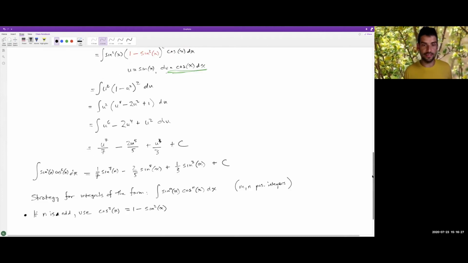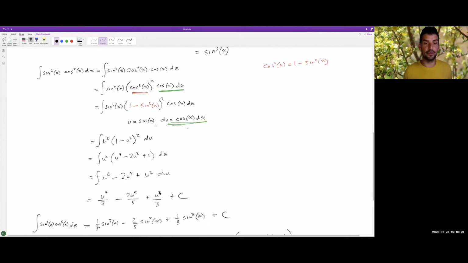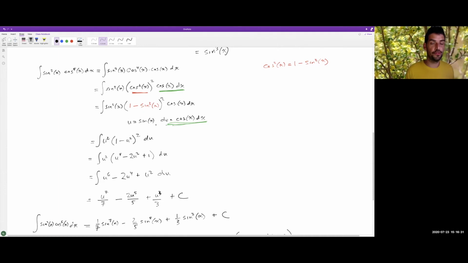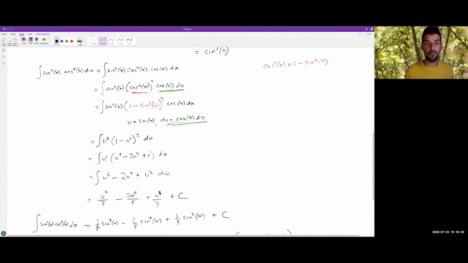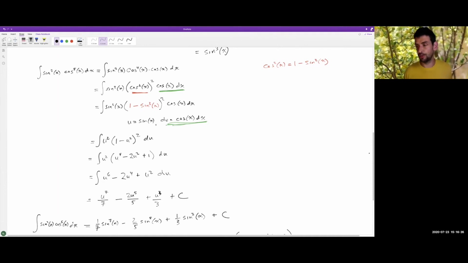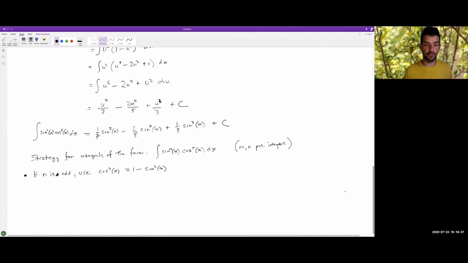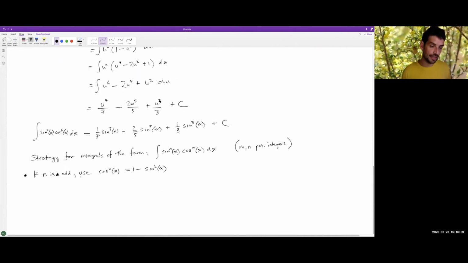This is the case that we did in our second example. Cosine was to the 5th power, and we ended up using cosine squared equals 1 minus sine squared x. So if n is odd, if the power on cosine is odd, we're going to use this identity.